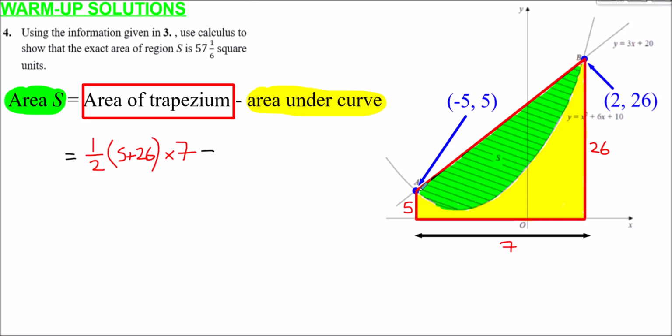So the area in between the x-axis and a curve is what we get when we integrate the curve with respect to x. So the curve has equation x squared plus 6x plus 10, so I'm going to integrate that with respect to x in between the limits where here x is -5 and here where x is 2.